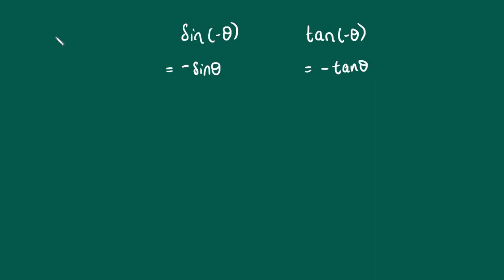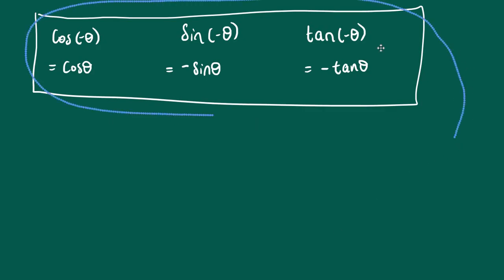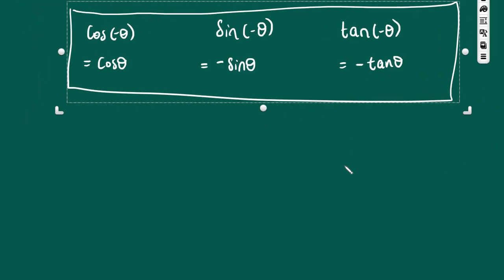Okay, but if you are dealing with cos negative theta, in the fourth quadrant cos is positive, so the answer is going to be positive cos theta. So please know these are the basic negative angles, and the ones we were doing earlier are the more advanced. These ones are the simplest you can get.